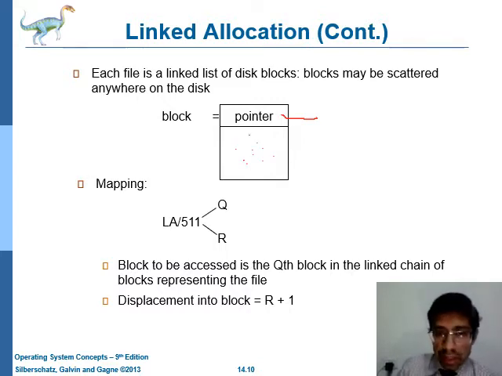This way a file would have multiple such blocks together. The mapping would be like, if the block size is 512, it will use 511 locations for the information, and the remaining one location would be used as a pointer, or the address of the next block, which is the logically sequential block in the file.